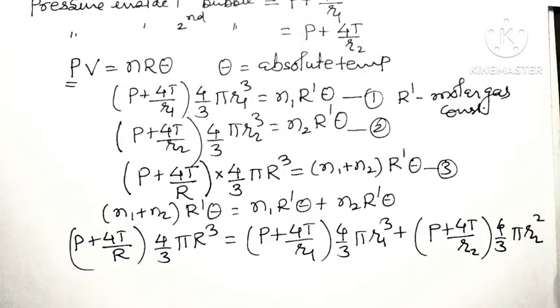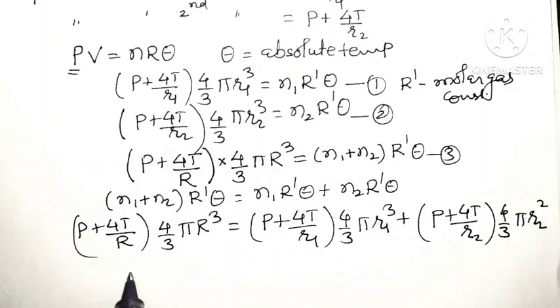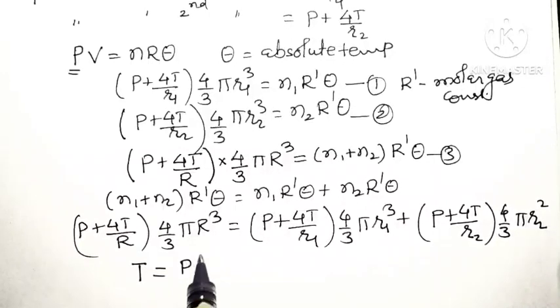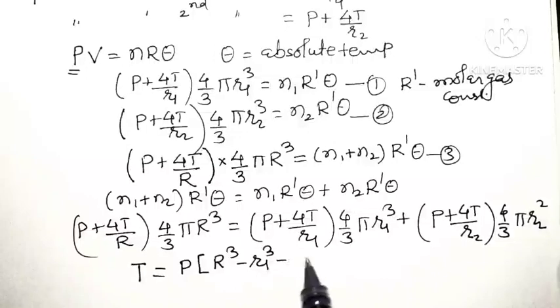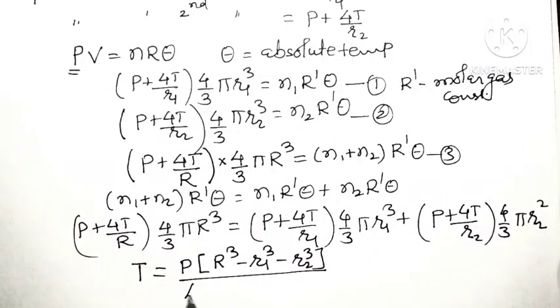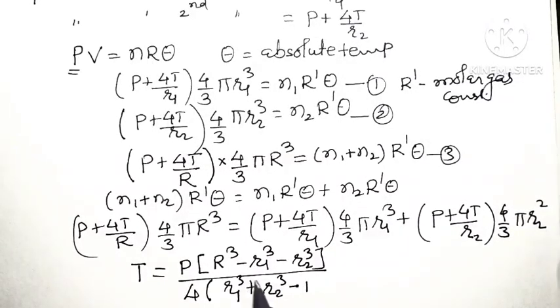On solving this, we get the surface tension T equal to P times (R cube minus R1 cube minus R2 cube) divided by 4 times (R1 square plus R2 square minus R square).